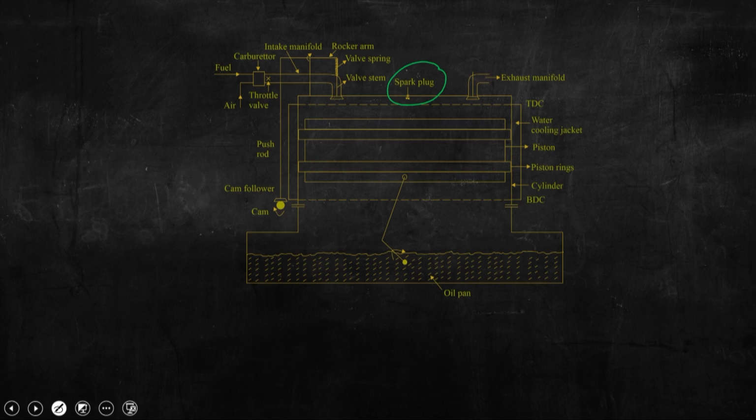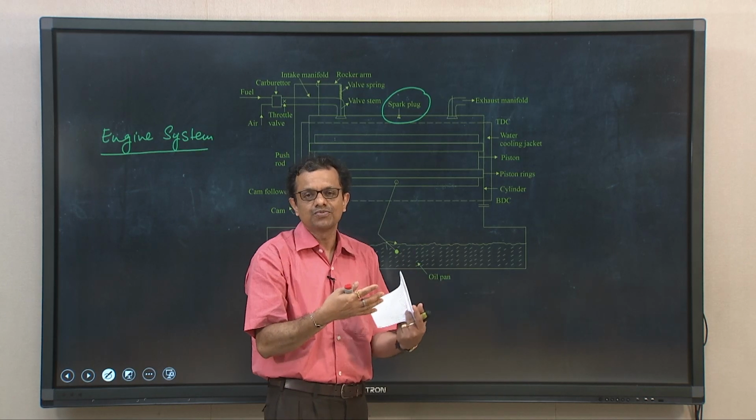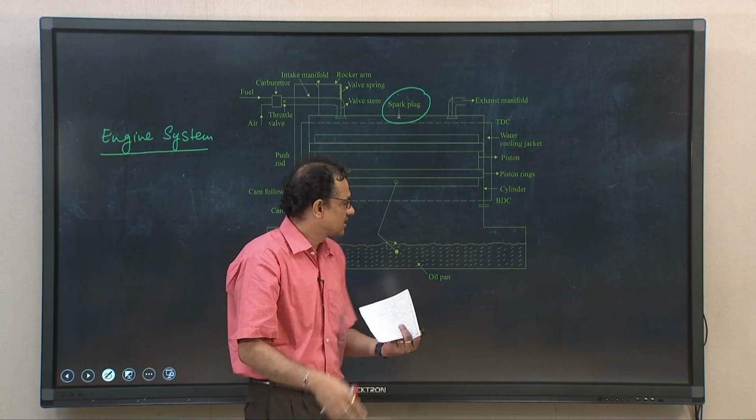So, if we try to write engine system, then following the definition that we have discussed a few minutes back, all these components together form an engine system. The sole purpose of this engine system is to have some output at the cost of some input energy.